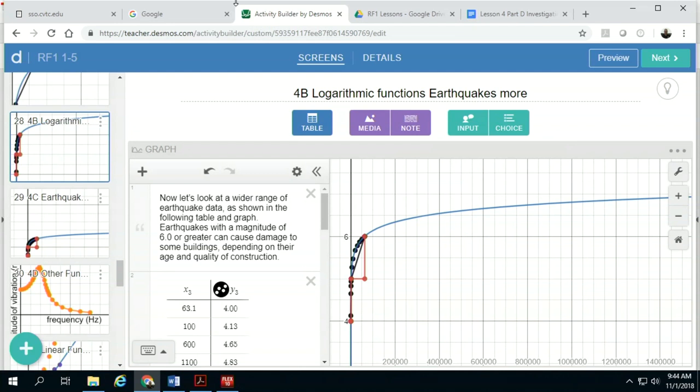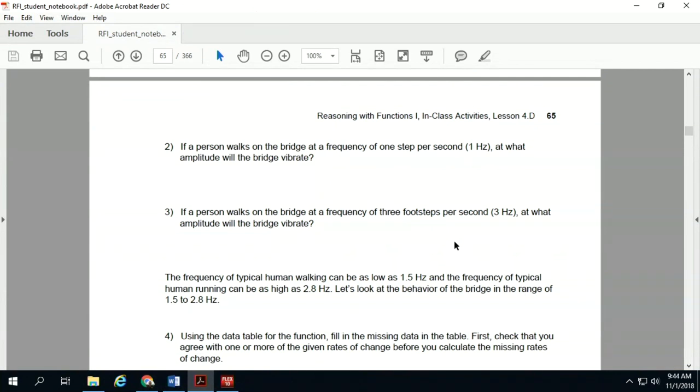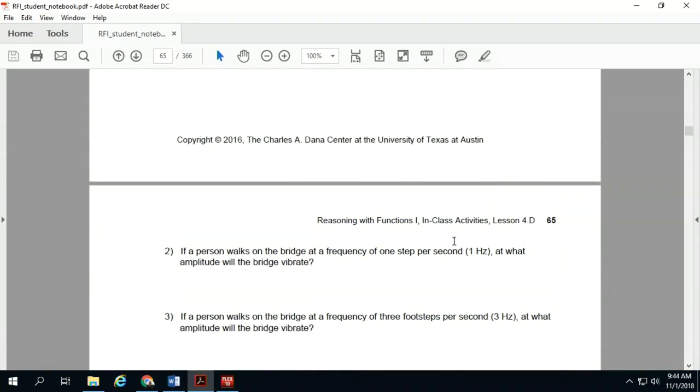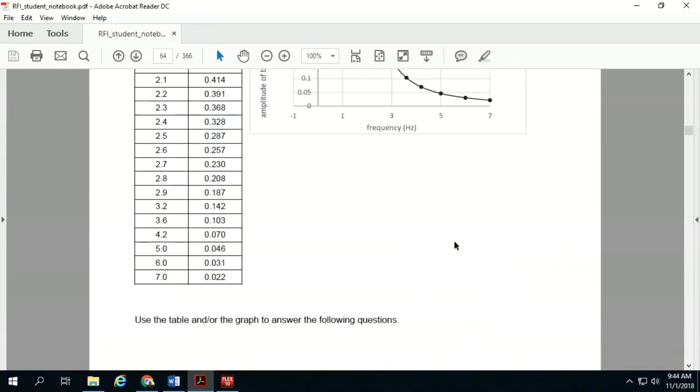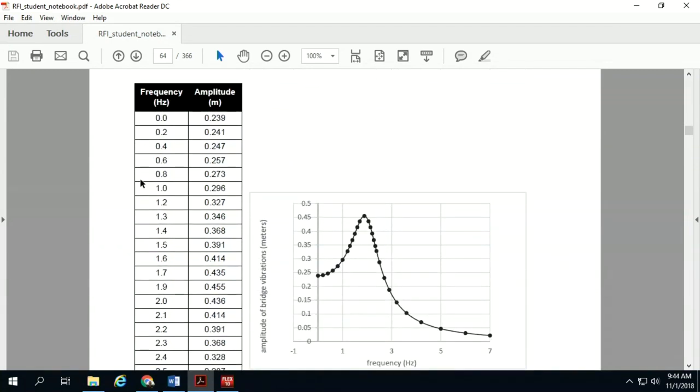Okay, question 3. When you walk at 1 step per second, so 1 step per second, what do you get for an amplitude? .296 meters.